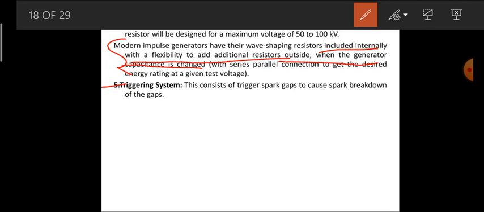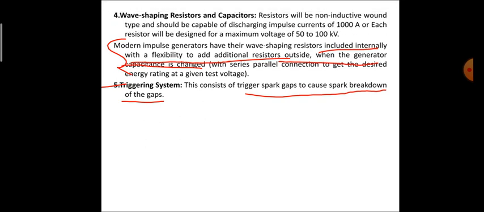This consists of a trigger spark gap to cause spark breakdown of the spark gaps. How this is done, we'll see in our next video. Right now we'll deal only with the components required.